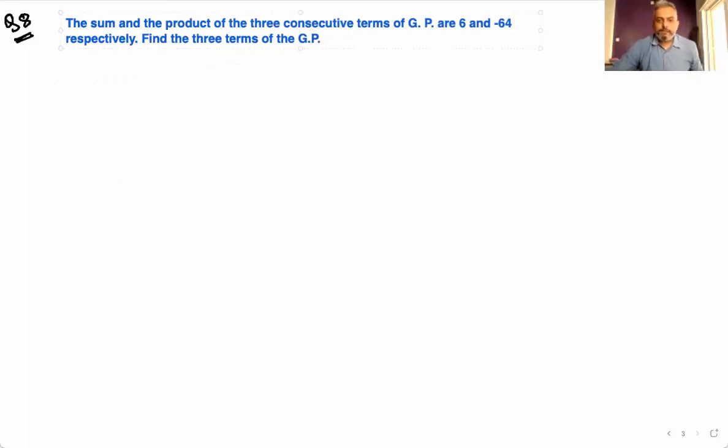The sum and product of three consecutive terms of a GP are 6 and minus 64 respectively. Find the three terms of the GP.